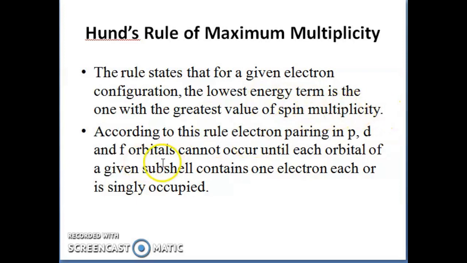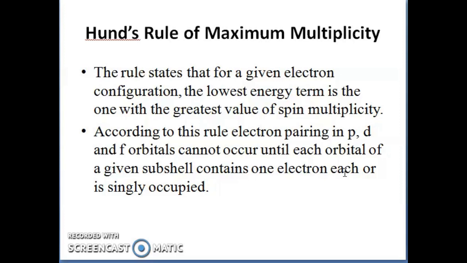So electron pairing in the p, d and f orbitals cannot occur unless each orbital of the given subshell contains at least one electron, that is, it is singly occupied.